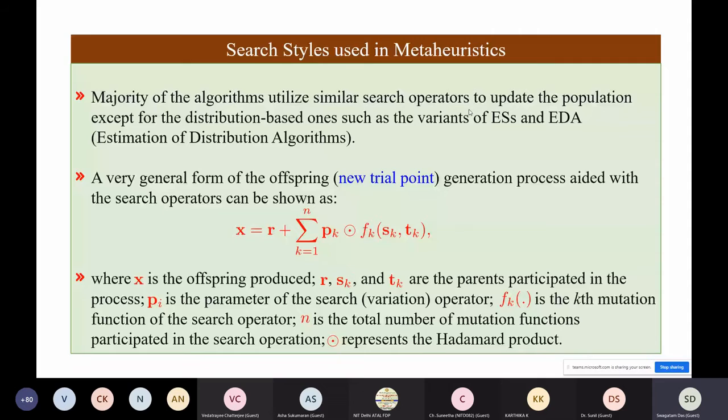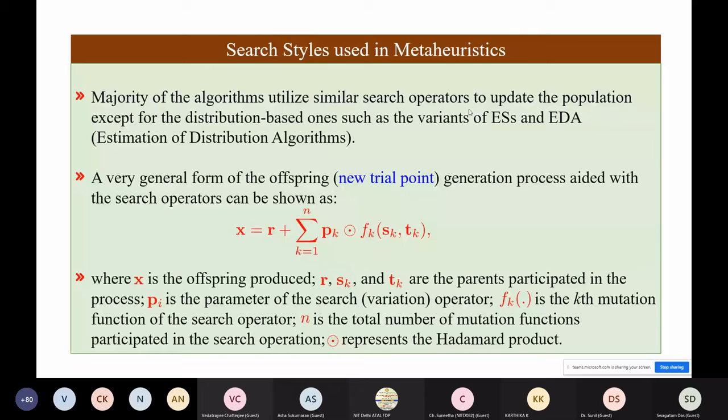Examples of such distribution-based methods are, of course, estimation of distribution algorithm or EDA, and some versions of CMAES also, like evolution strategies also.